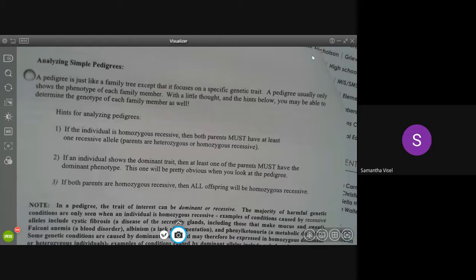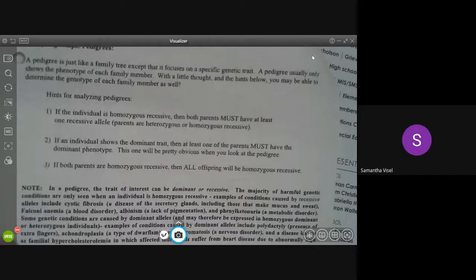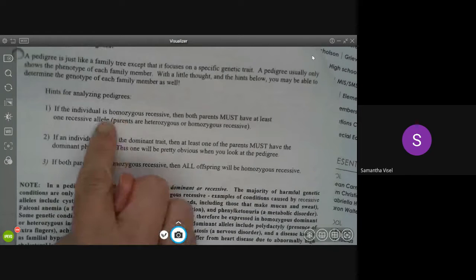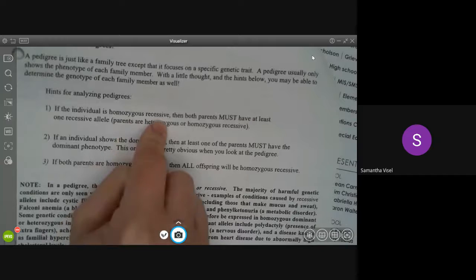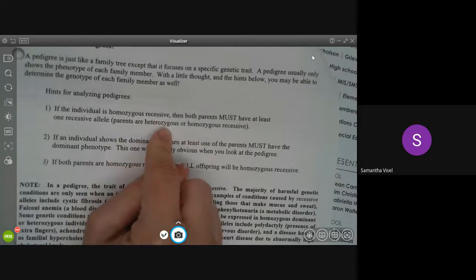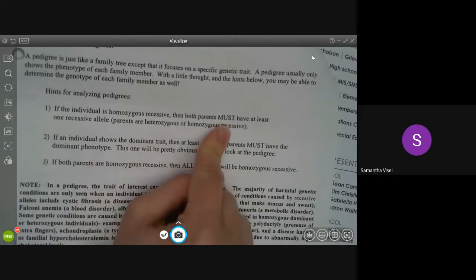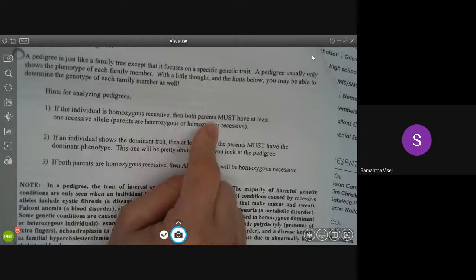And so there are some helpful hints, things to think about when we're analyzing a pedigree. The first is that if an individual is homozygous recessive, so if they're recessive for a trait, then both parents must have at least one recessive allele. They have to inherit one recessive allele from both parents.